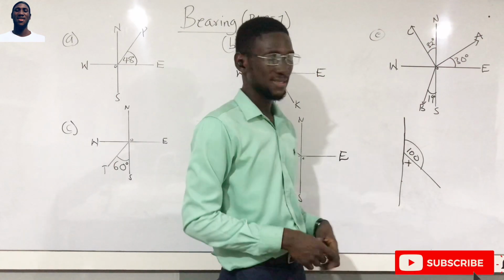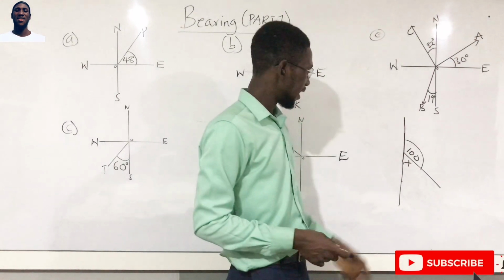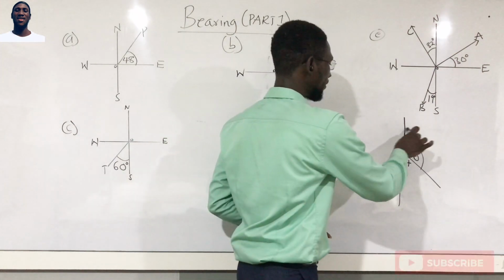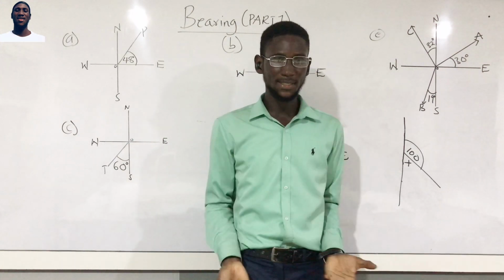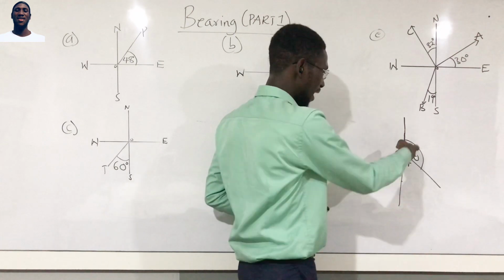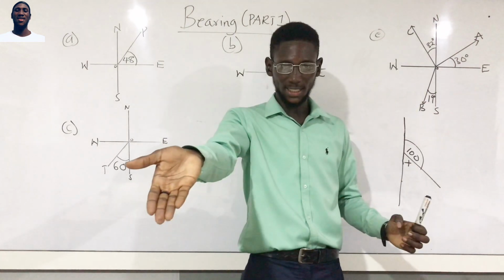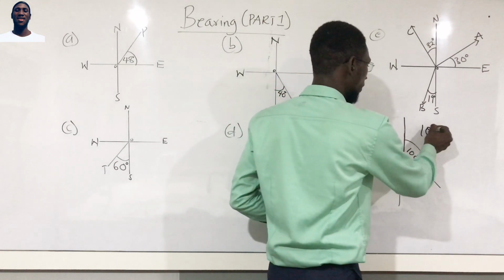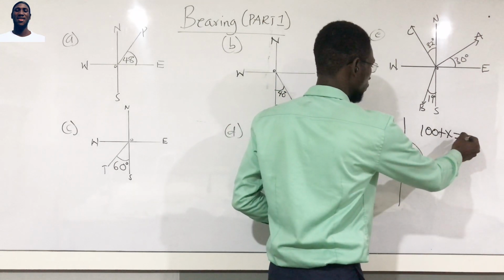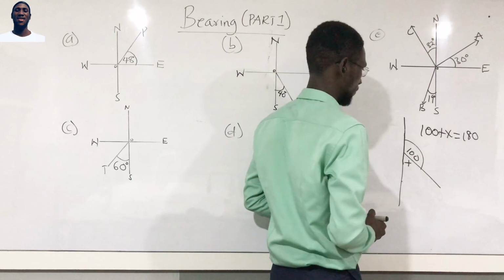Everything equates to 180 degrees, so all I have to do is add these two together, then equate it to 180 degrees. So 100 plus x equals 180 degrees.